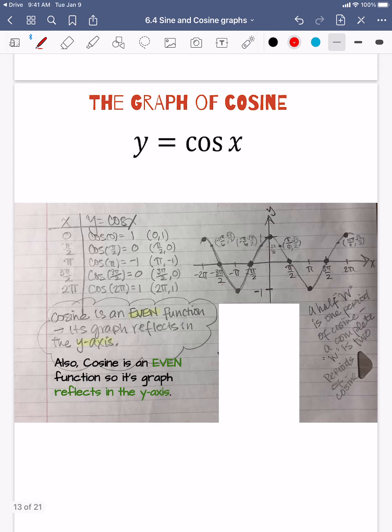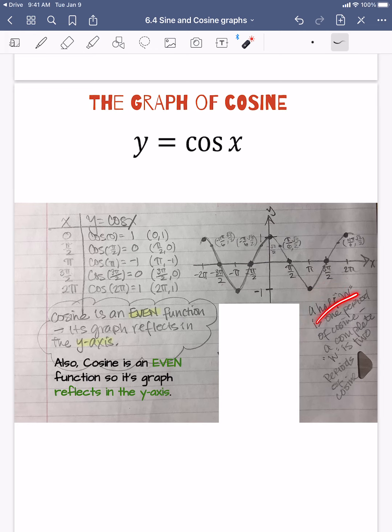So we continued another period. I said cosine is an even function. That was from the 6-3 notes. Cosine's an even function, so it's going to reflect in the y-axis. If I've got this guy, then I can flip him over and get that guy. And then he's just going to keep doing that forever. We're always going to graph two periods.